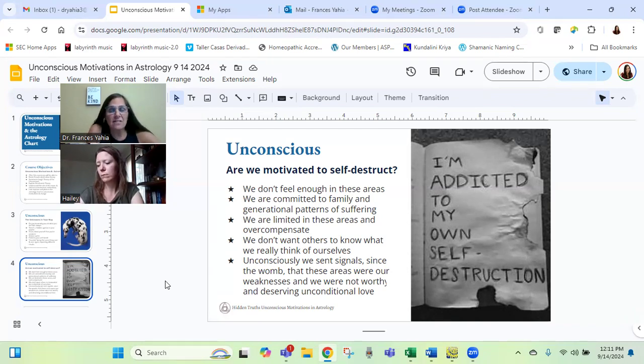And we unconsciously send signals to others as we got signals sent to us in the womb, this relational pattern with attachment theory, that we're weak, that we're not worthy, and we're not deserving of unconditional love.